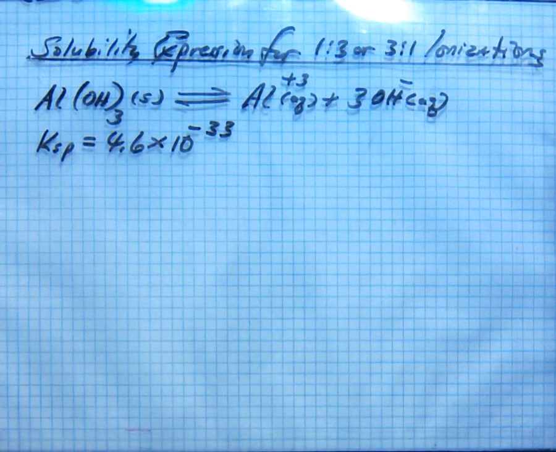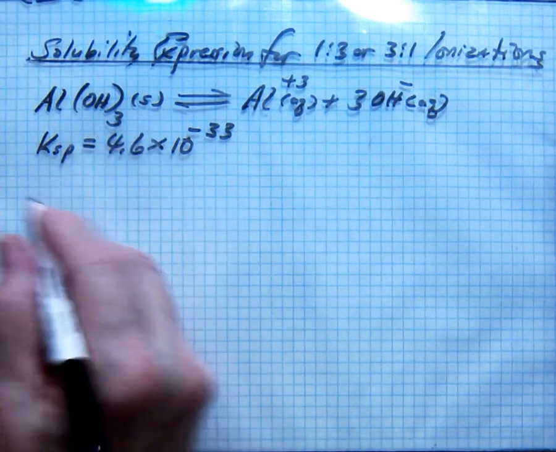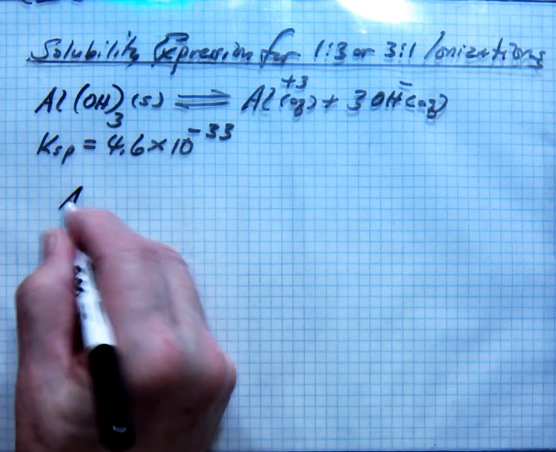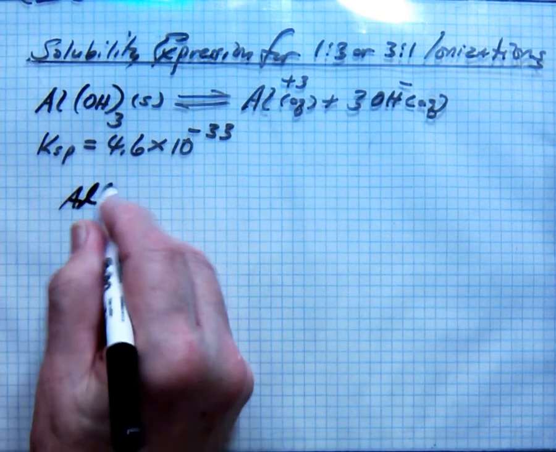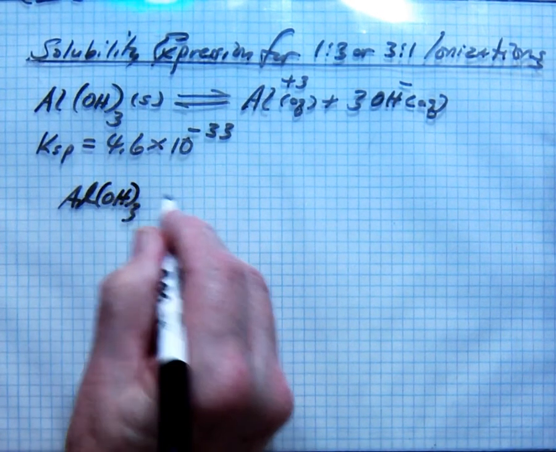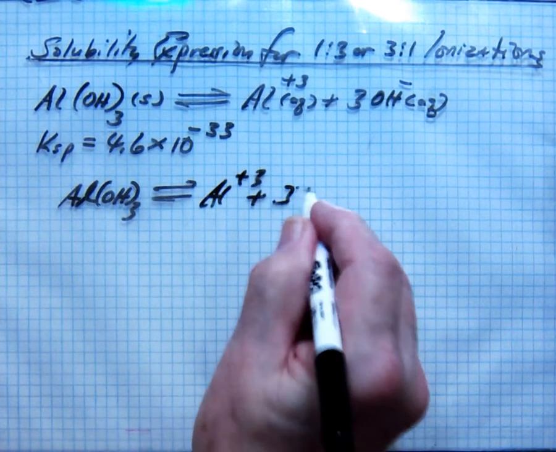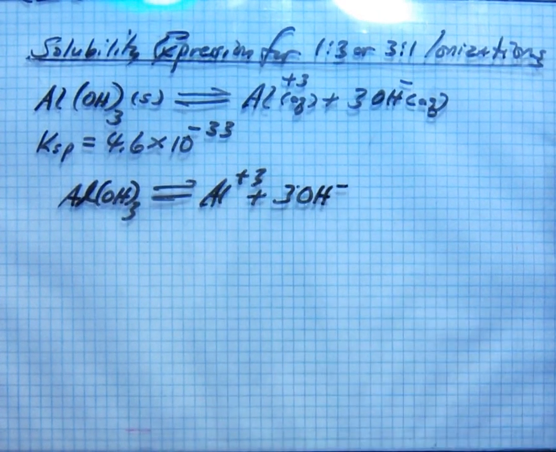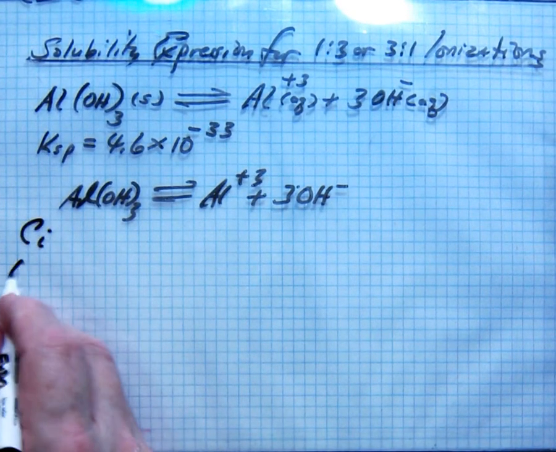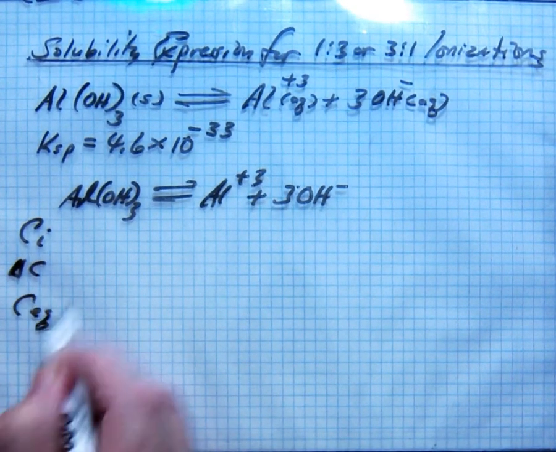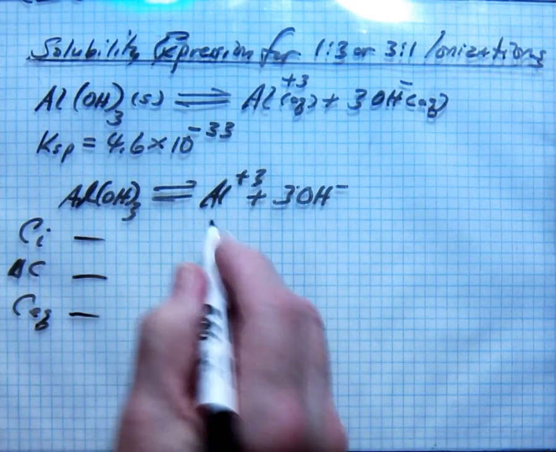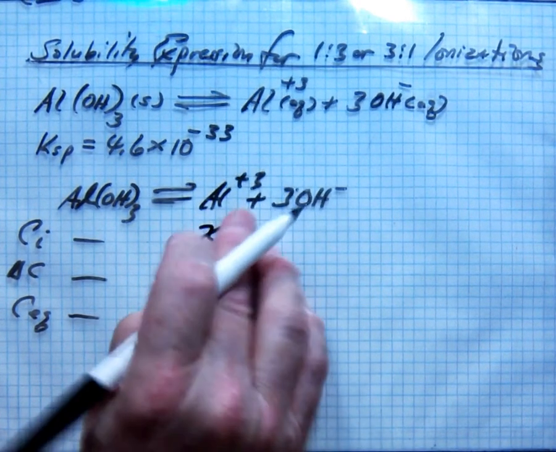So we need to derive a solubility expression for a 1 to 3 or 3 to 1, same thing, ionization. Using the ICE table, I rewrite this as aluminum hydroxide going to aluminum plus 3 OH minus. Ionization is 1 to 3.